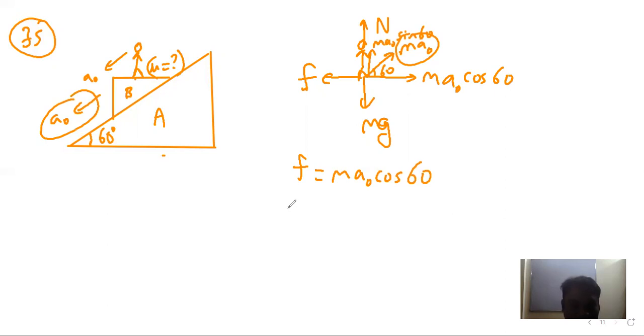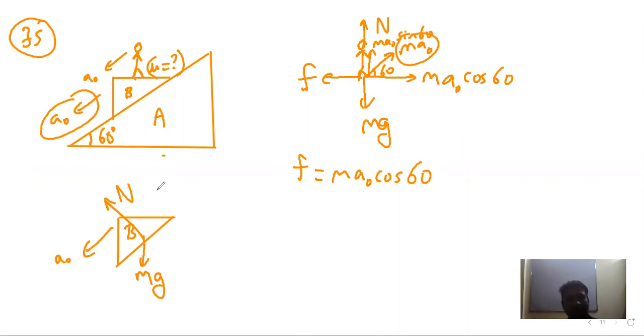Other than this, we have other equation which is for the incline. So for the incline of B, we have various forces. So one will be normal reaction, NBG, and acceleration is A. So these are the forces acting on this block.